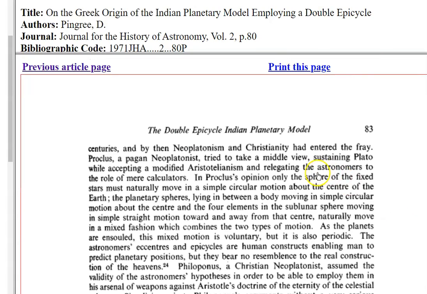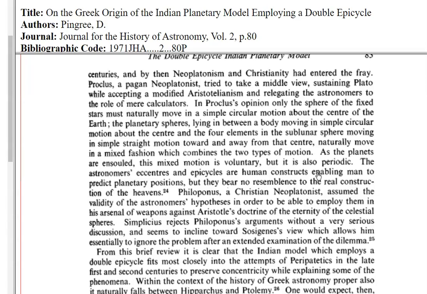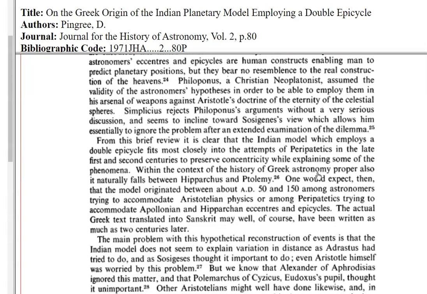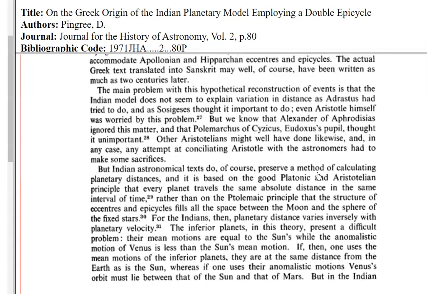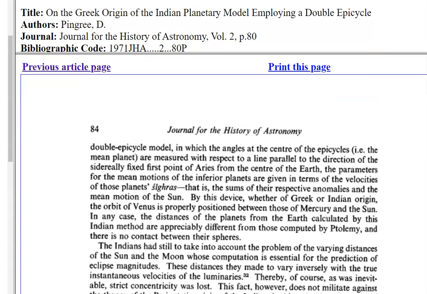So let's go to the next page. I don't see anything to discuss here other than he's basically trying to give finer details, which I would ask you to read yourself, and I could go past these.